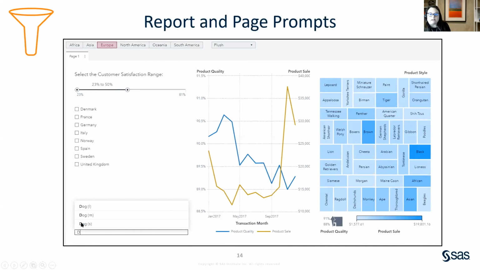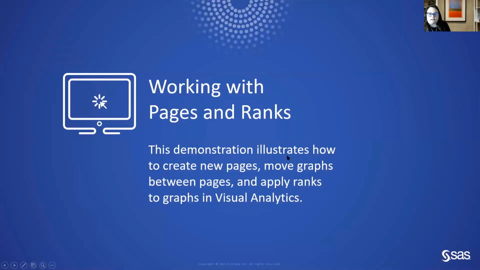And for the product, we're only seeing plushes. We've added in this additional range slider to limit our customer satisfaction range. And then we can make a selection on a country, and we can make a selection on a plush object. All right, so let's add in a demo and demonstrate this to you.